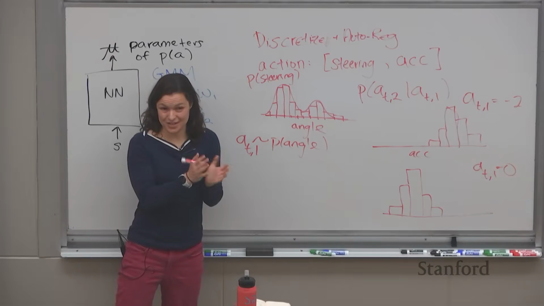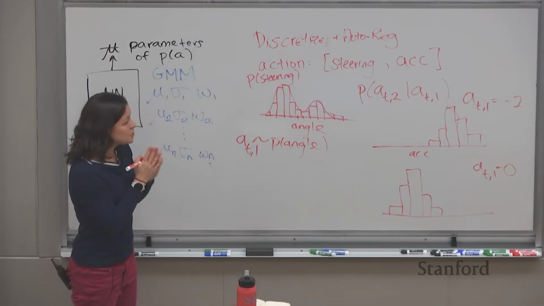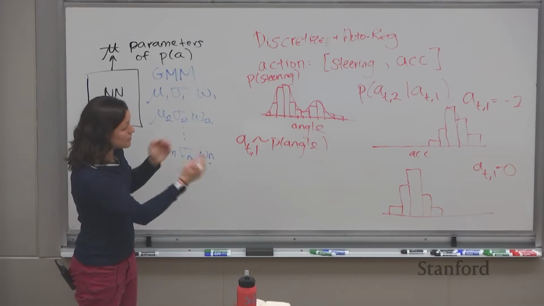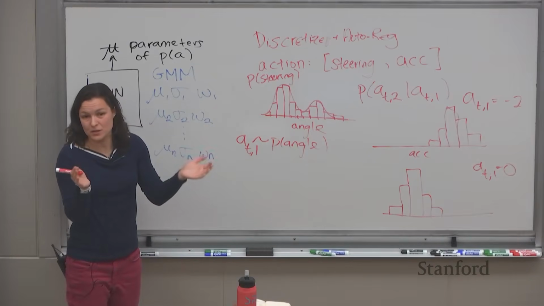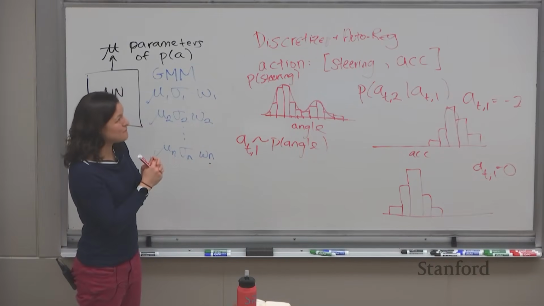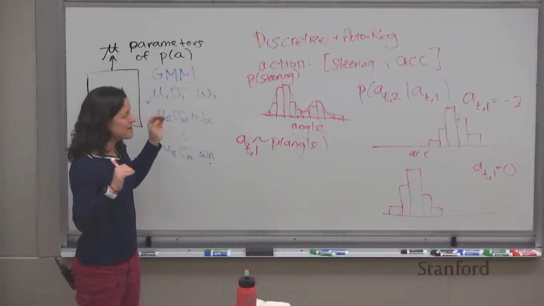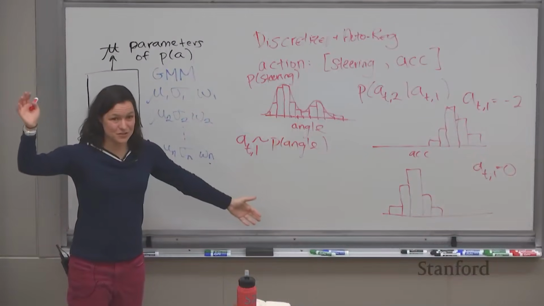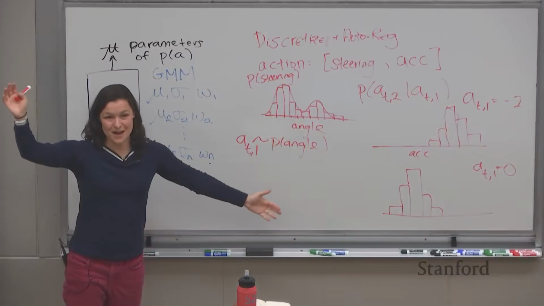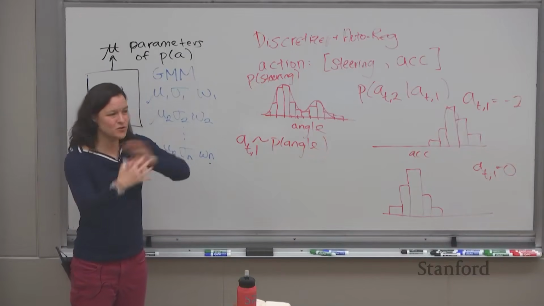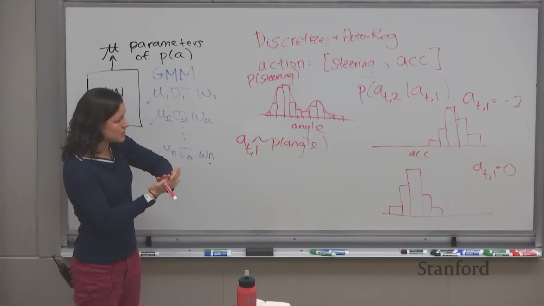The challenge with discretization is that if you have a lot of bins, you might have 100 bins for one dimension, and then you're trying to represent a 10-dimensional action or something like that, then the dimensionality of your discretized actions is going to blow up if you try to model that full 100 to the 10th matrix of probabilities.